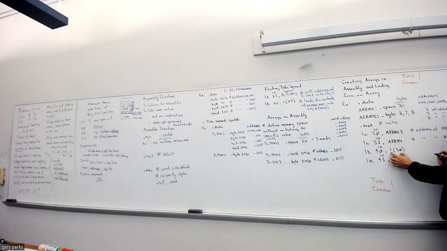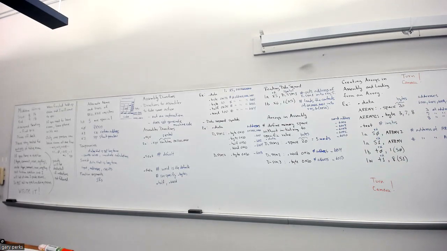Okay, so what is this part of this load byte instruction going to do? Actually, maybe we put the address here. See, this is array 2, so this is address 6014. This is address 6000.